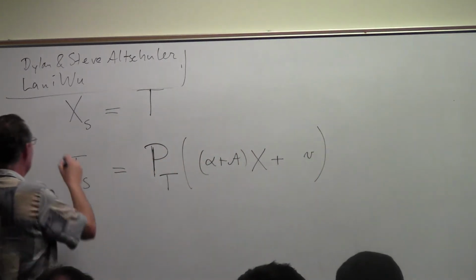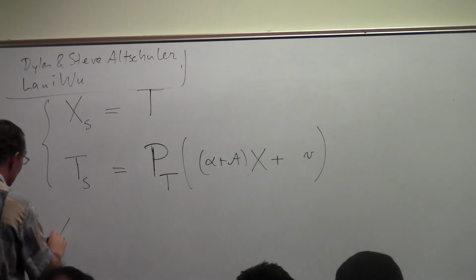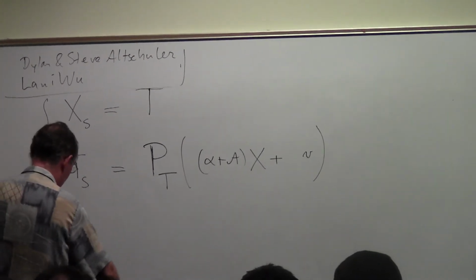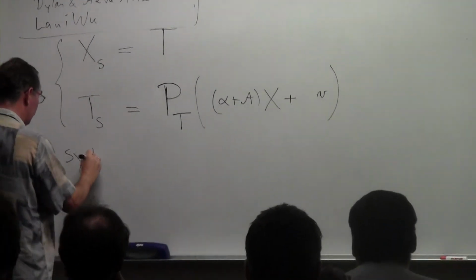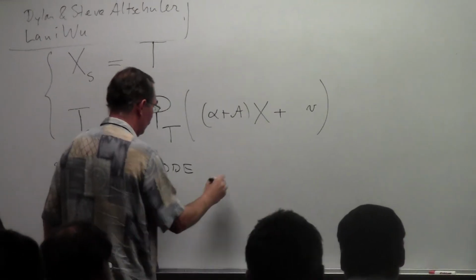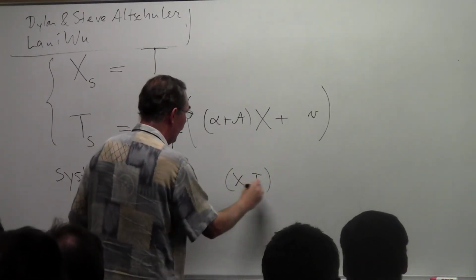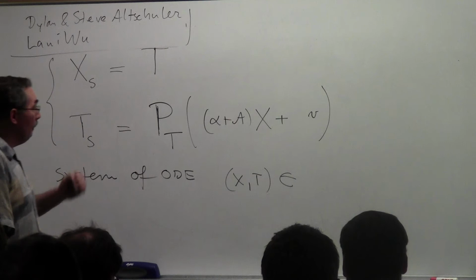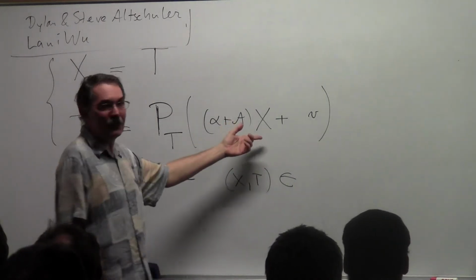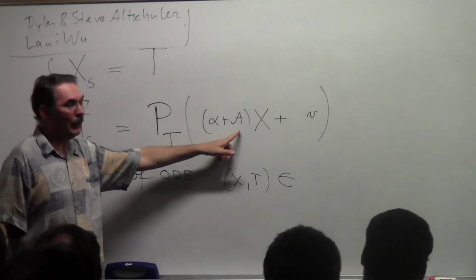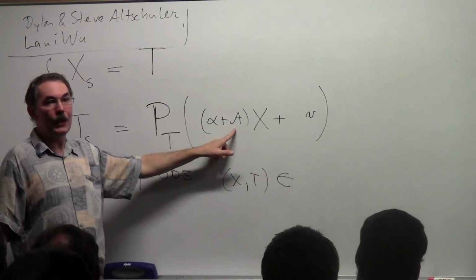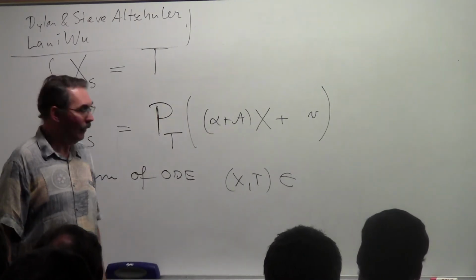Okay, so this is a system of differential equations where X and T sit in... for all the pictures, X sits in R^3, but you can let X sit in R^n, and then A has to be some antisymmetric matrix, and B has to be a vector in the kernel of A, and alpha can be any number.